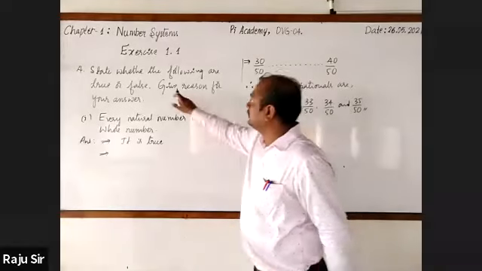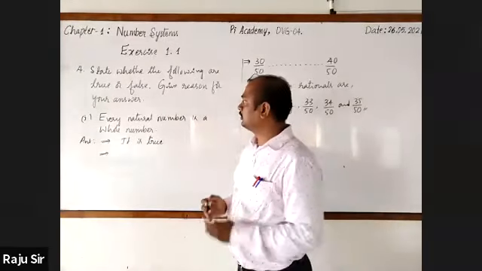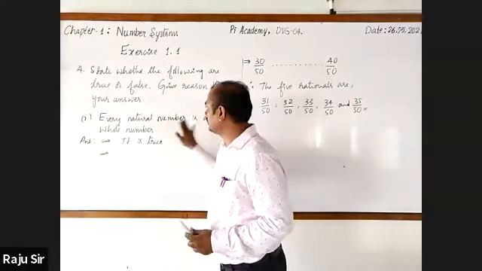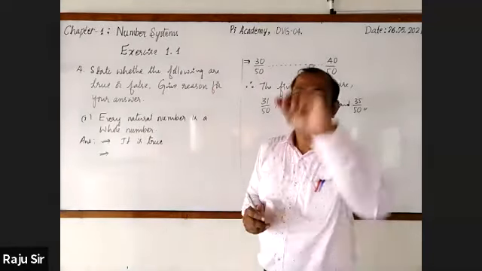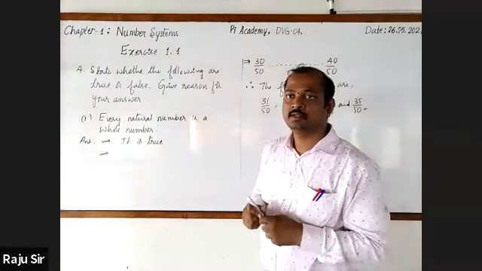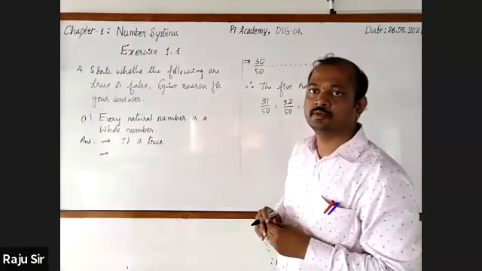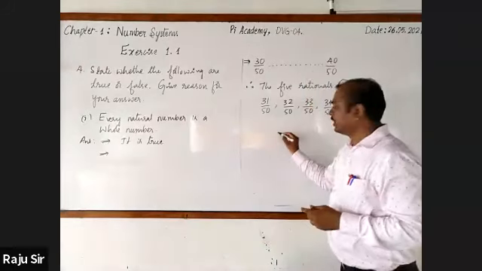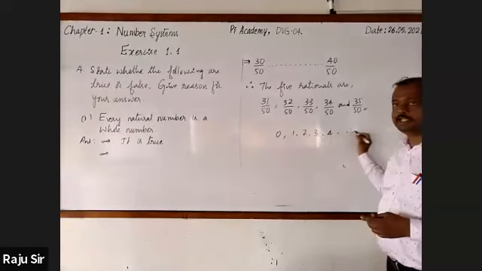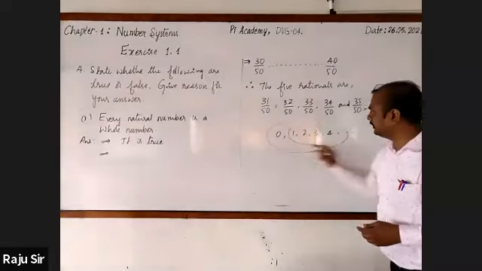Second one. Give reason for your answer. Why are all natural numbers whole numbers? Wait. Just look here. I'll write whole numbers: 0, 1, 2, 3, 4, and so on. See, these whole numbers contain natural numbers also.